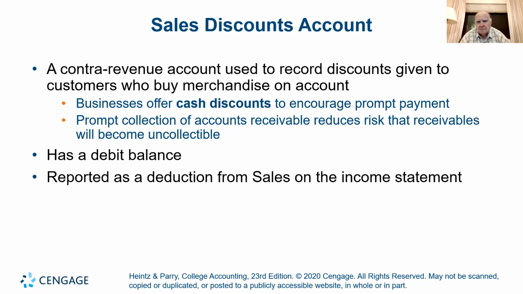What we're talking about here is a specific kind of discount that sellers offer their customers in an attempt to get them to pay the bill early, okay? And the customer has the choice. He can either pay the full amount or she can take a discount. They offer cash discounts to encourage prompt payment. And if you do that, you take care of your receivables, you drive your turnover number up, your days of receivables down. It's a good thing.